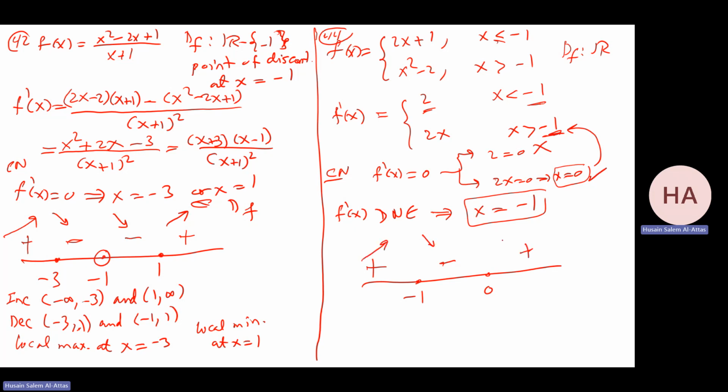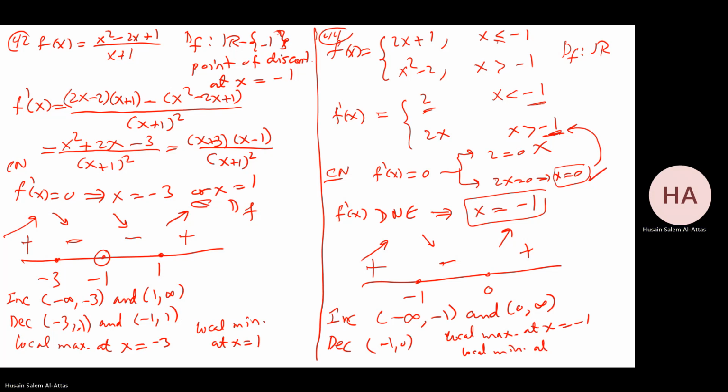So it's increasing, decreasing, and increasing. So I have increasing from minus infinity to -1 and from 0 to infinity, and decreasing from -1 to 0. And I have a local max at x equals -1 and a local min at x equals 0.